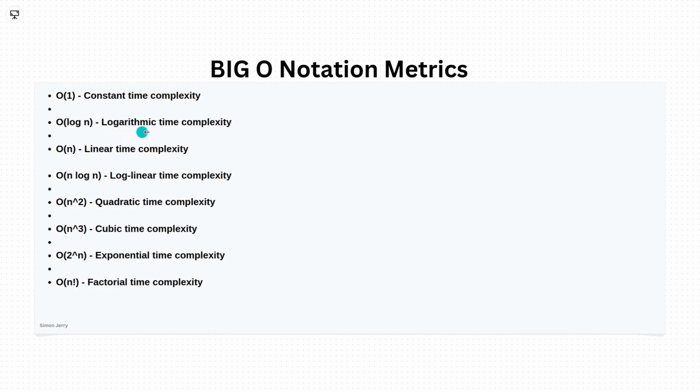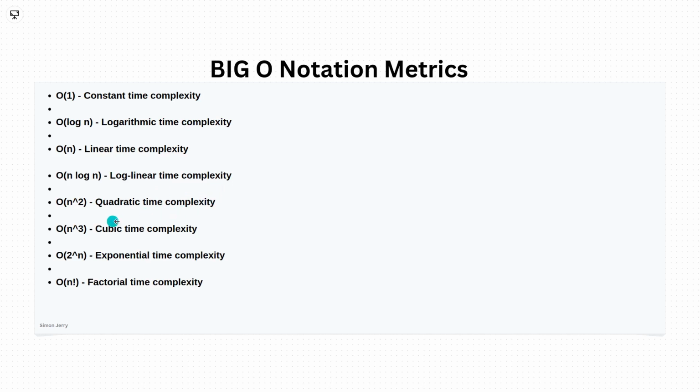This is logarithmic time complexity. And we have the next one, which is O of n, the linear time complexity. The next one is big O of n log n. This is log linear time complexity.